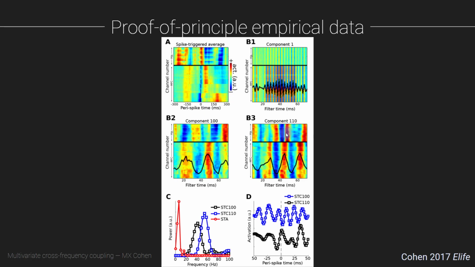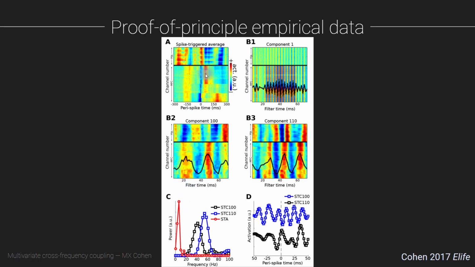I don't have enough time to talk in a lot of detail about how exactly to interpret these, but I do want to highlight that these spike-triggered components are revealing patterns in the data that are not necessarily easily visually apparent just in the spike-triggered average. Now, to be clear, the spike-triggered average is a valid analysis method.